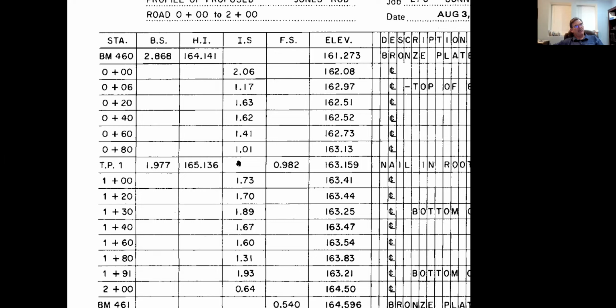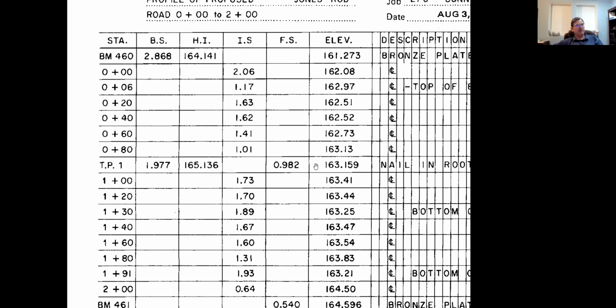And what I would do in my field notes would be I would put this 0.982 right here. And then the next thing I would do is fill in this information right here, that'd be on this line, but this one right here would be down one. And all of this would be shifted down one space is how I personally would keep the notes.